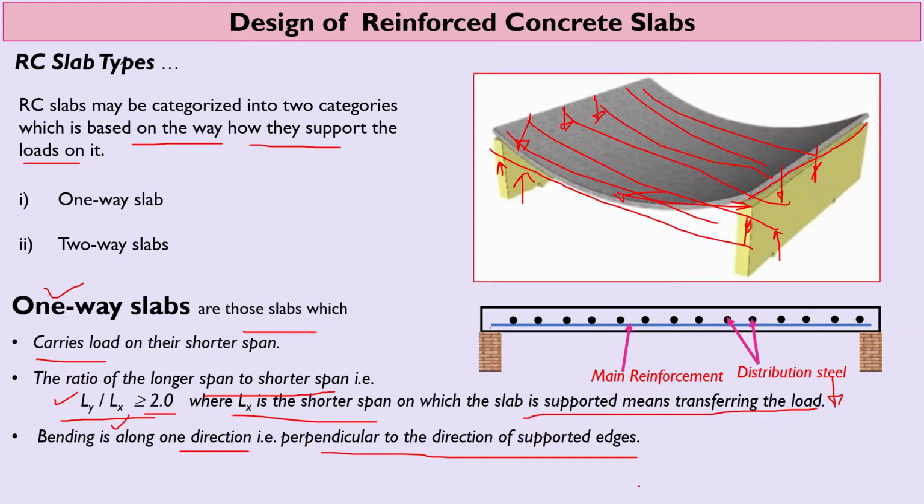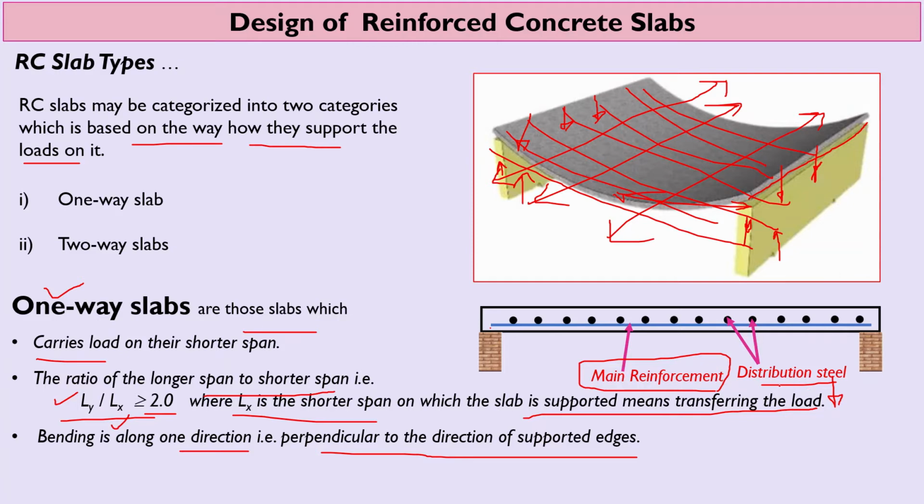But as we have discussed earlier, we have to provide distribution steel also. The distribution steel will be in the perpendicular direction. So this will be the direction in which we provide the distribution steel. One thing you have to take into consideration is that in the case of a one-way slab, we design the main reinforcement, but distribution steel is not required to take any bending stresses; it is provided to take temperature type of stresses.